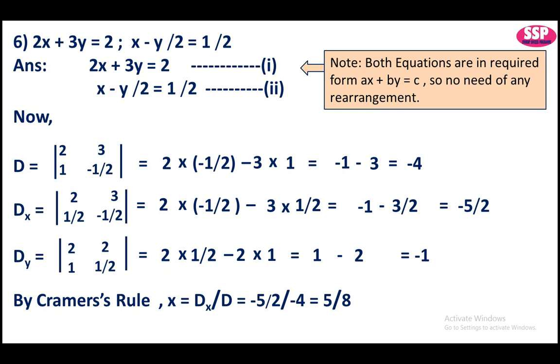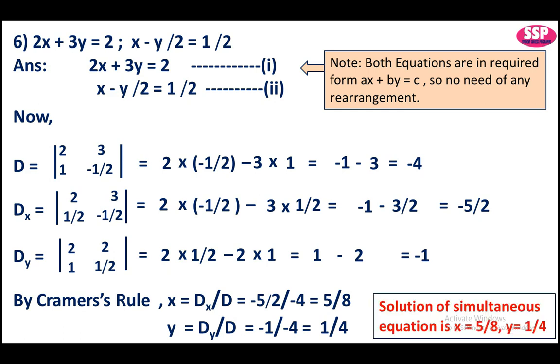Y is equal to dy upon d is equal to minus 1 upon minus 4 is equal to 1 upon 4. Therefore, solution of given simultaneous equation is x equal to 5 upon 8 and y is equal to 1 upon 4.